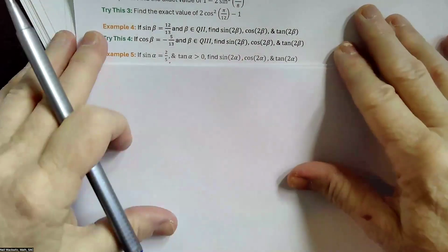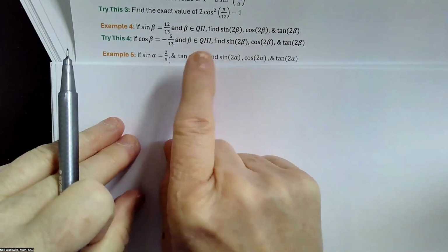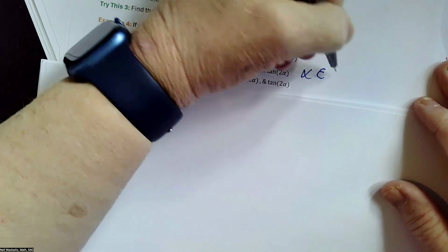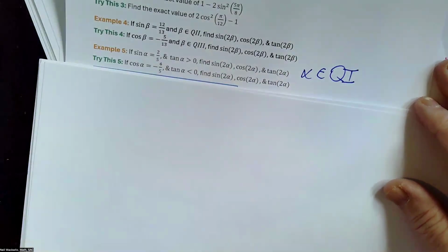Okay, so yes, if sine is positive and tangent is positive, then this alpha must live in quadrant 1.